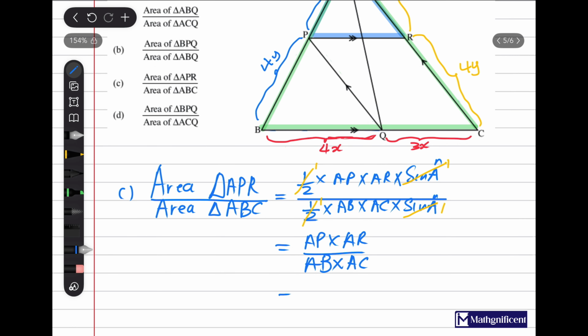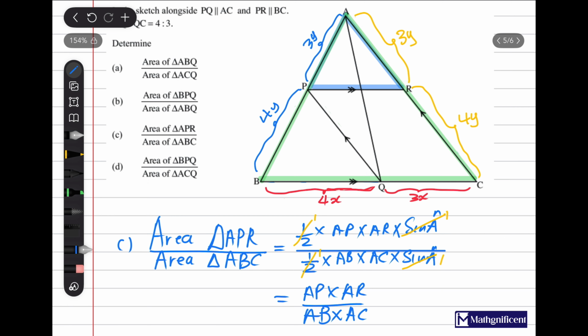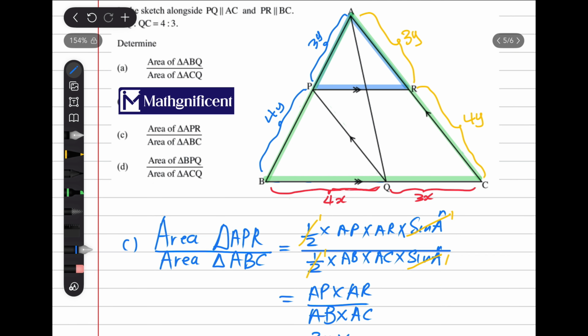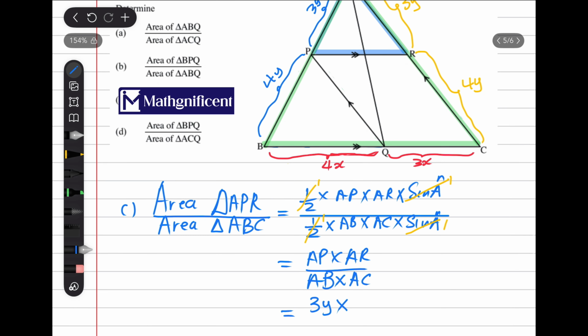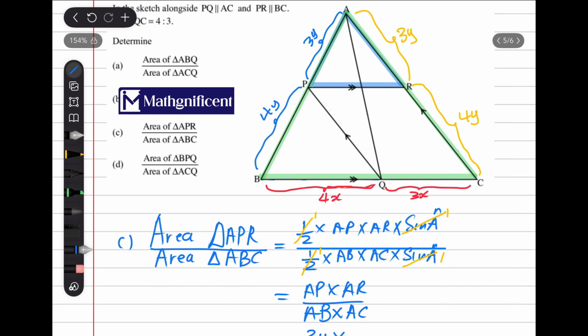Alright, from this, what is AP? Let's look at AP. AP is 3y. Then AR, I used the same variables for these ones. I didn't notice that. Remember that the variables here have to be different, guys. So let's fix that.